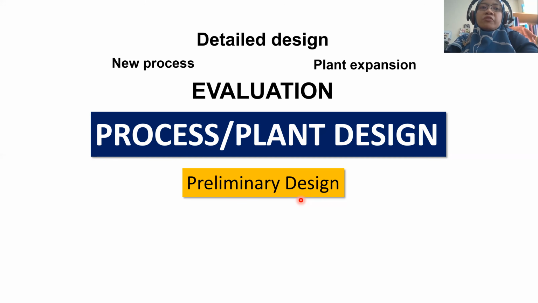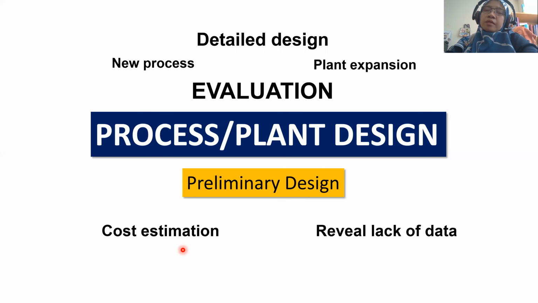Information from the preliminary design is needed to establish cost estimation for a complete design and construction. Sometimes from preliminary design, we may reveal lack of certain data needed for final design.